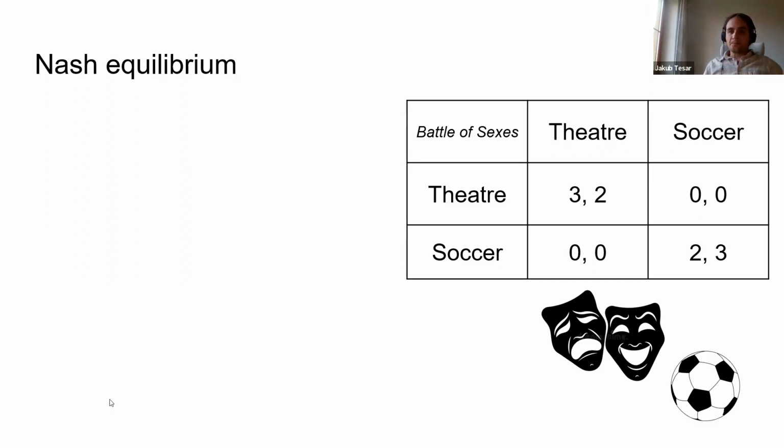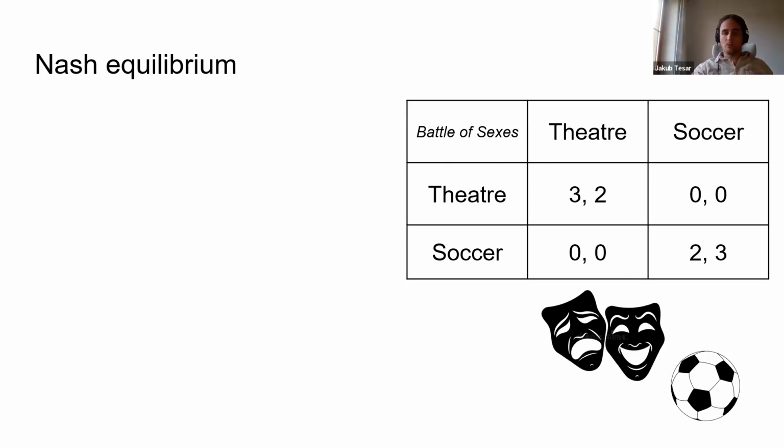And so on the slide, we have one of those games, Battle of the Sexes. The game is about a pair, you can imagine a couple, they think about how to spend the evening, and they do not have means to communicate with each other.